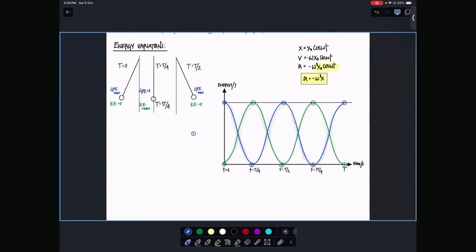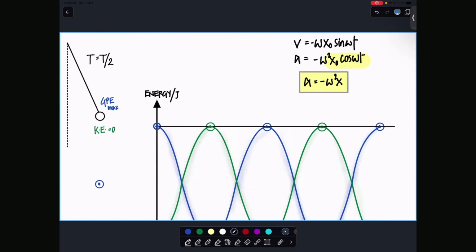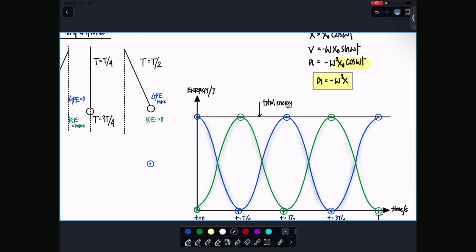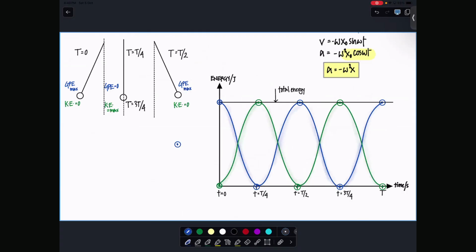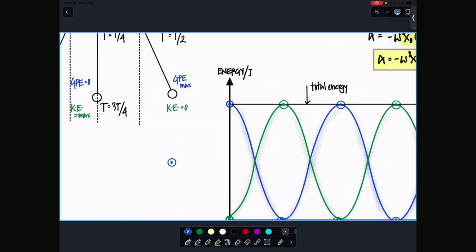Right, so let's label them. This one is total energy. The blue one is your GP.